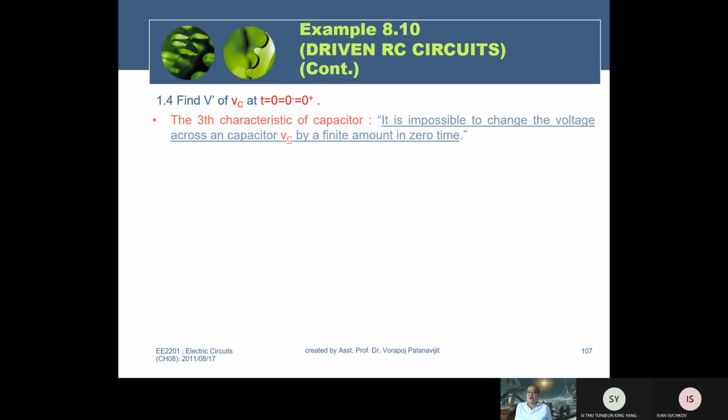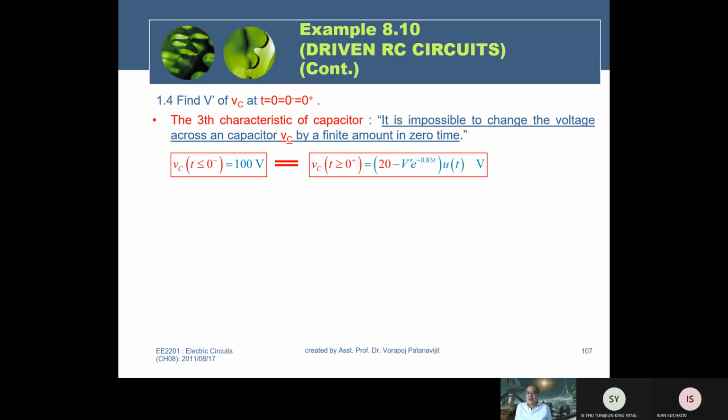The fourth step is used to determine the initial condition by taking advantage of the third characteristic of the capacitor. It is impossible to change the voltage across the capacitor VC by a finite amount in 0 time. Okay, VC for time less than 0 is equal to 100. VC for time greater than 0 is equal to 20 minus V e power minus 0.83 t.